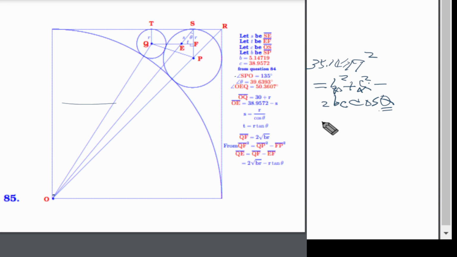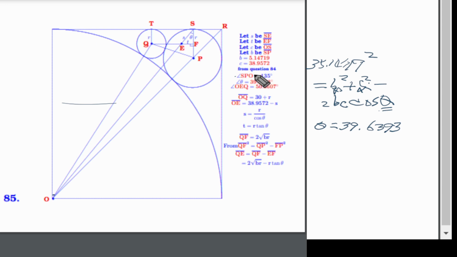When I rewrite this equation in terms of theta using arccosine and calculate, we got 39.6393.